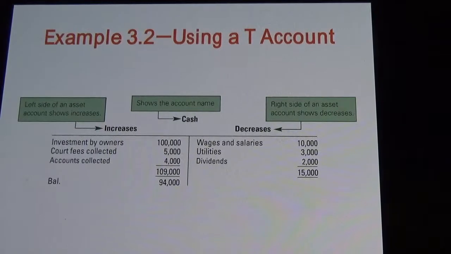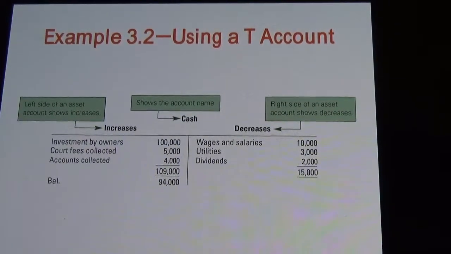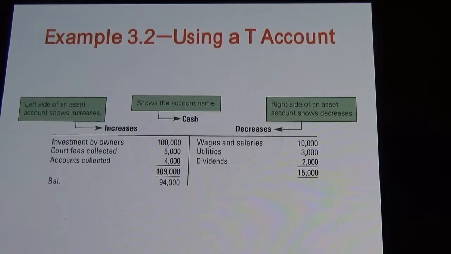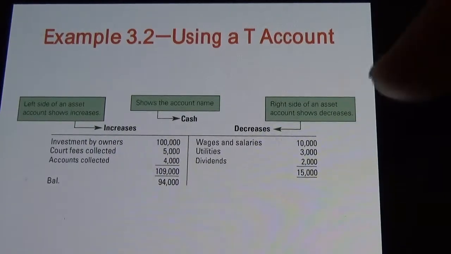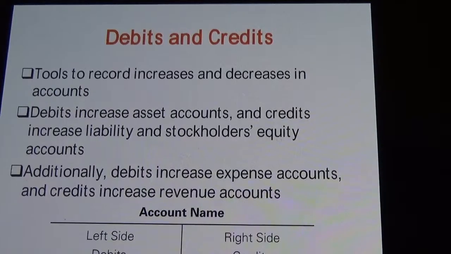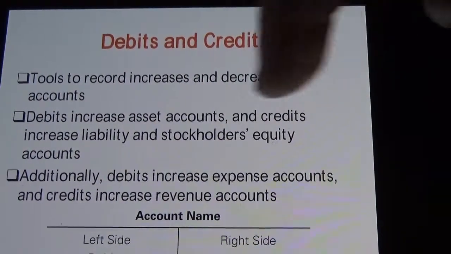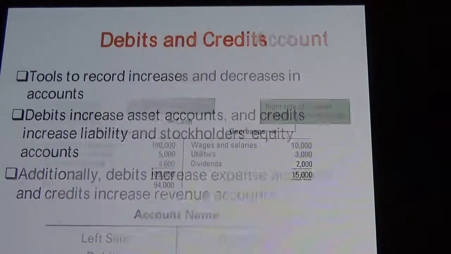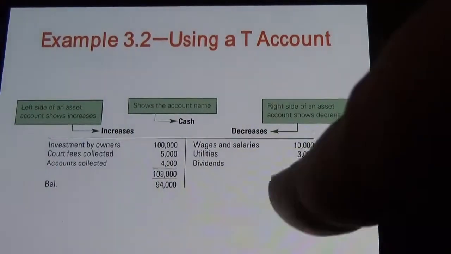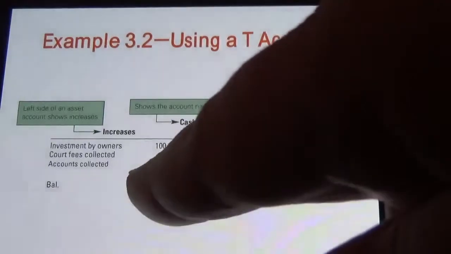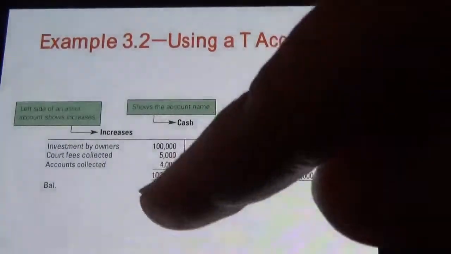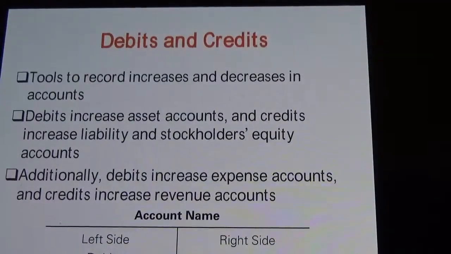On the other hand, wages and salaries and utilities and dividends all decreased our cash, and so those show up on the right side of this cash account. Then we simply take the total of those decreases away from the total of the increases to get the balance of $94,000.